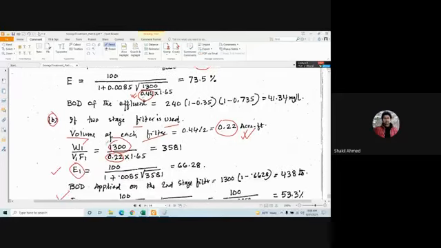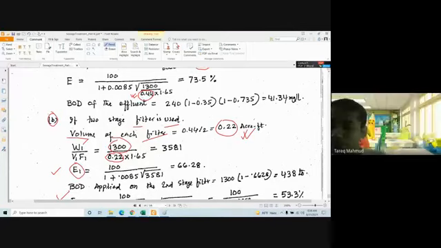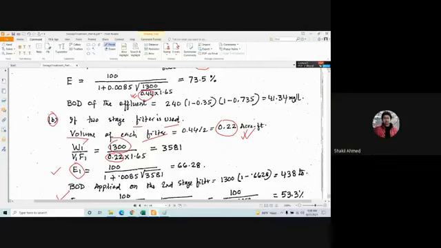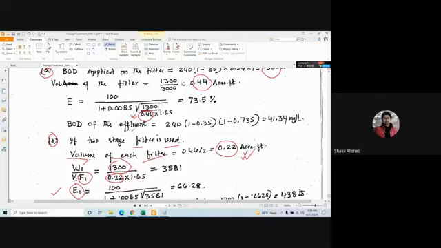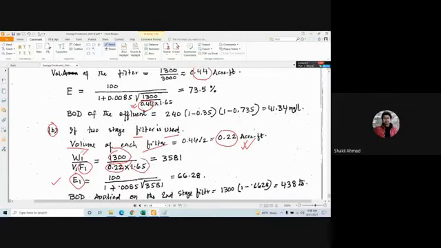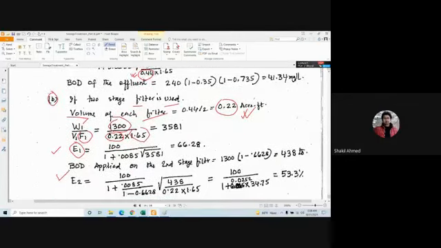But now since you have two filters, each of the filters has 0.22 volume instead of 0.44. So 0.22, and F1 is the same as you calculated, 1.65. So W1 divided by V1 F1 equals 3581.